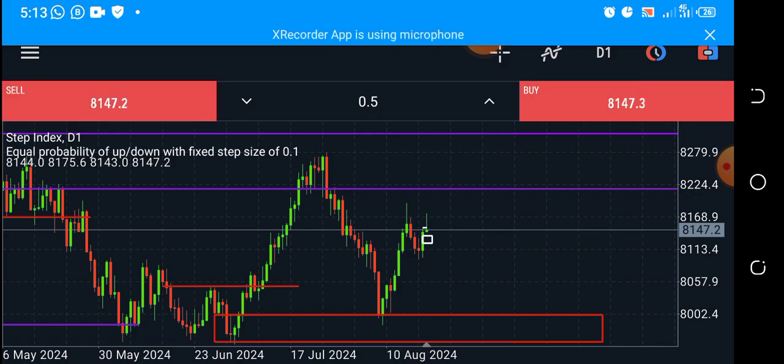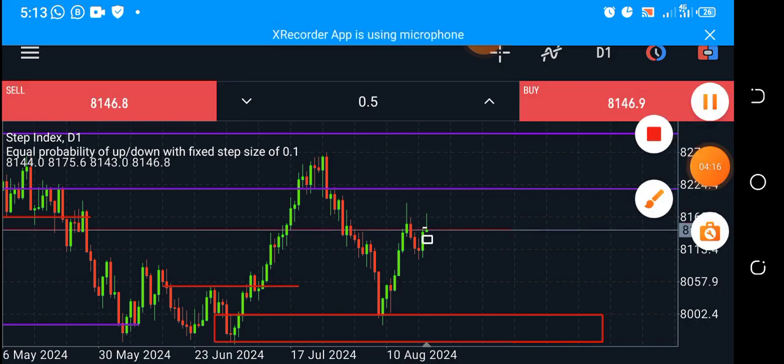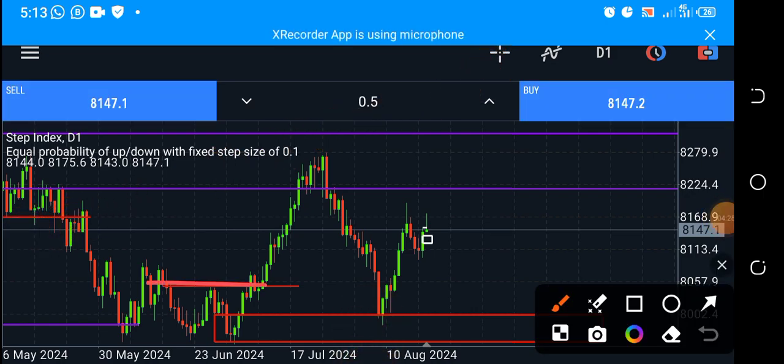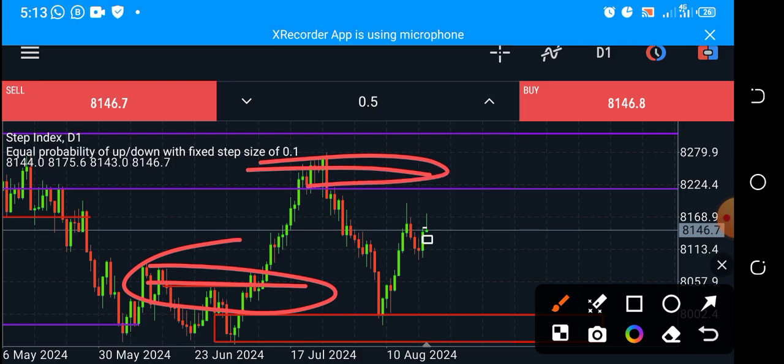Step index is still bullish in the interim. This is step index on D1. We have seen the last structure high taken out, and this is our current structure high right about here.